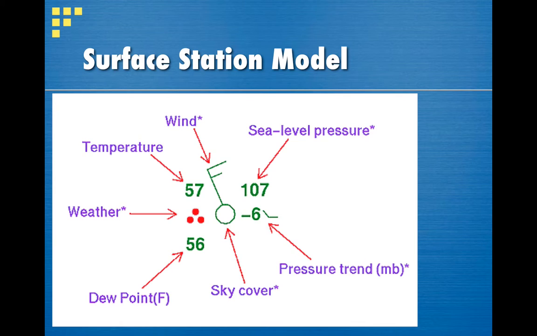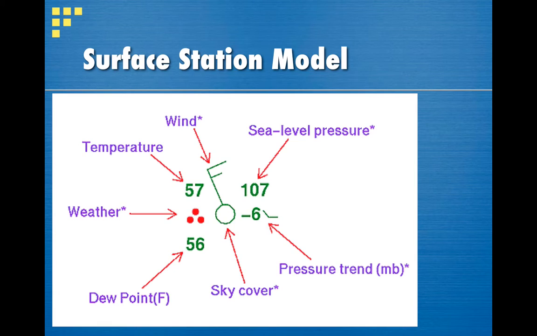Here we have a weather symbol with 3 dots. Anybody remember what 3 dots would be? Sure enough, that is rain, and that's actually moderate rain. So it'd be raining pretty good at this location. Sky cover is interesting here. That is not filled even with our rain, so you can tell this is just a made-up event. So that would be 0 octas or clear.